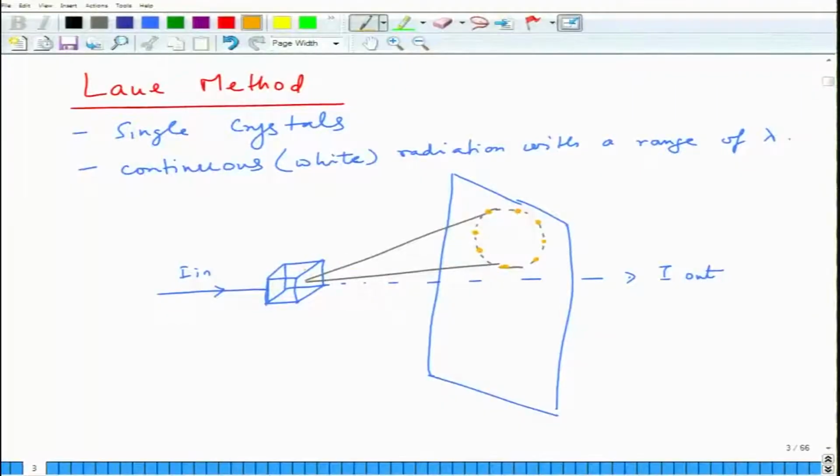Only those planes are going to diffract, and that diffracted beam is basically going to appear like a spot on the screen.